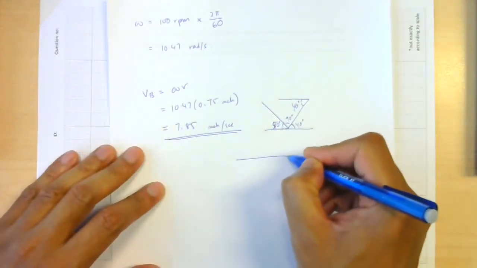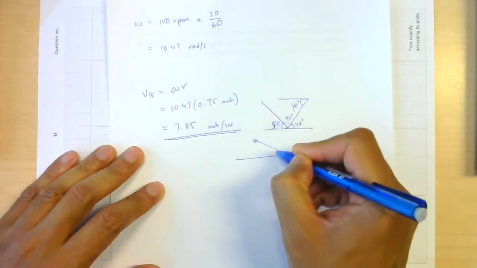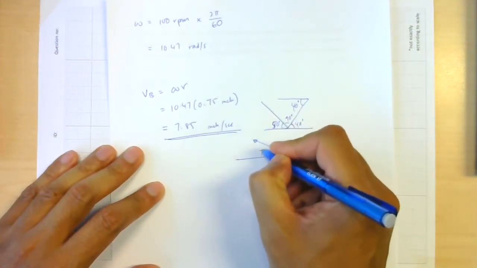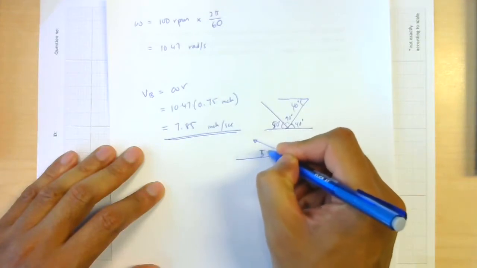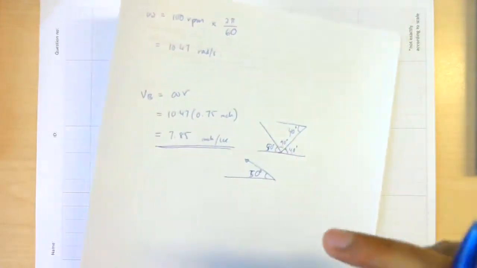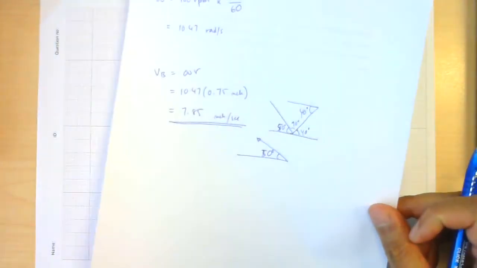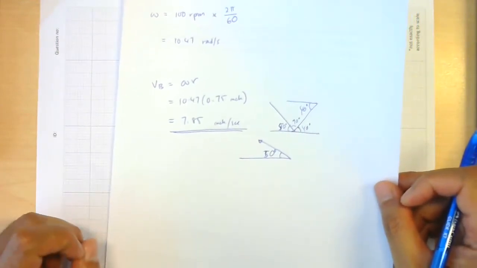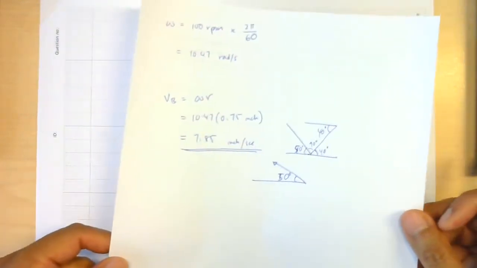So the velocity is 7.85 inch per second at 50 degrees to the horizontal. Now let's draw first the kinematic diagram, and then the velocity diagram.